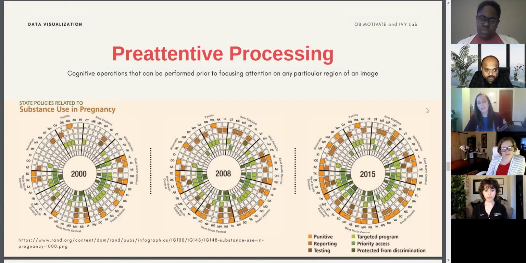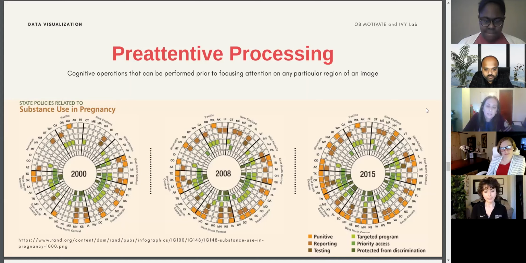So they have used color to differentiate between punitive policies, which are the orange and the brown. So those are things like mandated reporting and testing for substance use in pregnancy. And the greens are the supportive policies, like funded programs that are targeted for pregnant people with substance use disorder, things like that.